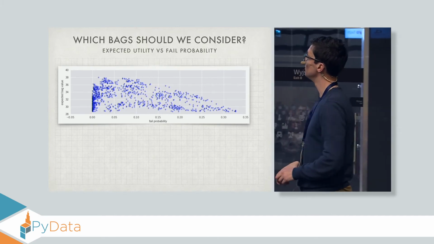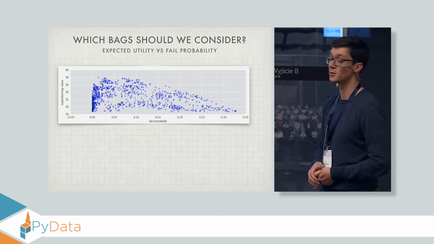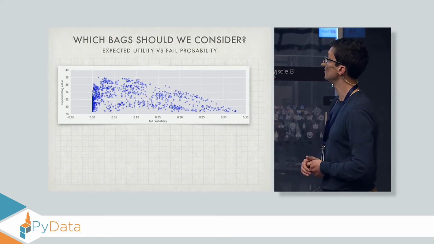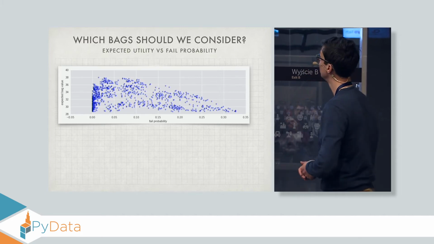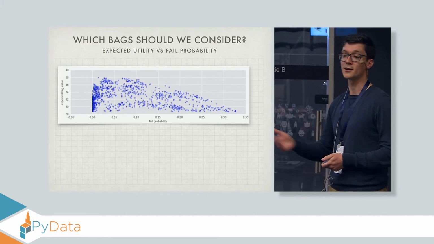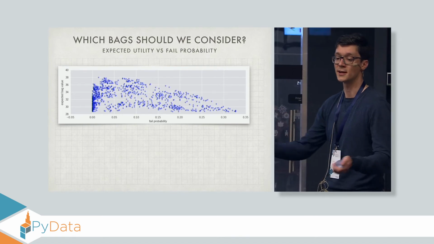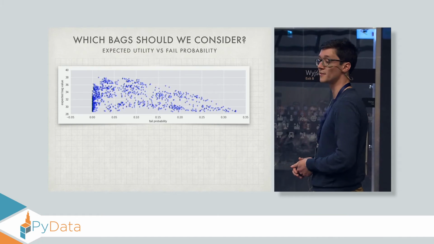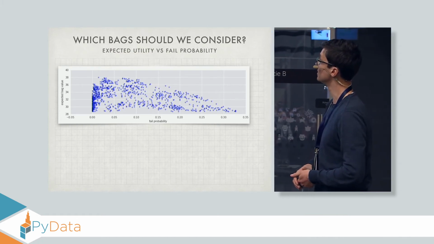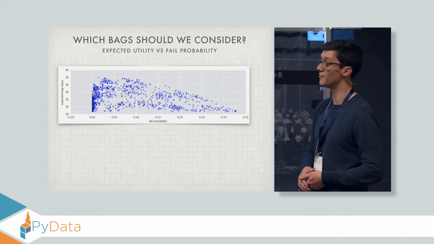So if you would map out of all these possible bags the expected utility, so what you expect to gain from it, versus the fail probability, like how often did this bag actually tear in my sampling, in my simulation, you'll see that there are different kinds of bags. So some of these are low risk and high value.